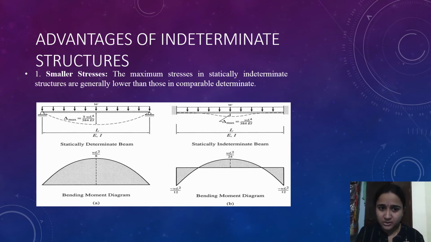So the total number of unknowns is 3 and the total number of equations is 3. So we can find these three unknowns by using the static equilibrium conditions. According to that, this structure is a statically determinate beam.